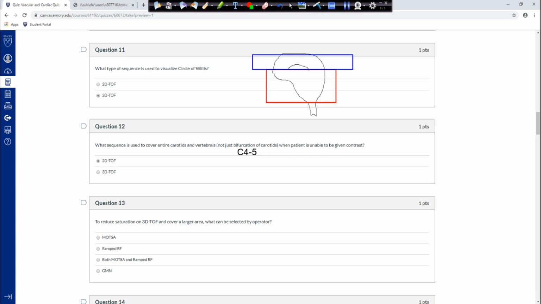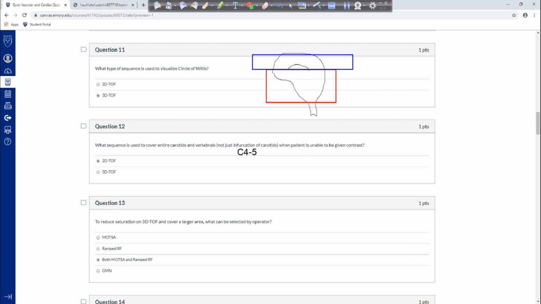Question 13, to reduce saturation on a 3D time of flight and cover a larger area, what can be selected by the operator? MOTSA and ramped. Good. So it's both of these options. What does MOTSA stand for? Because that will be a common registry question.